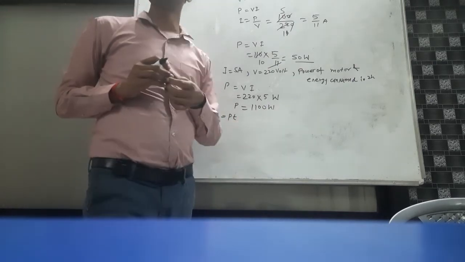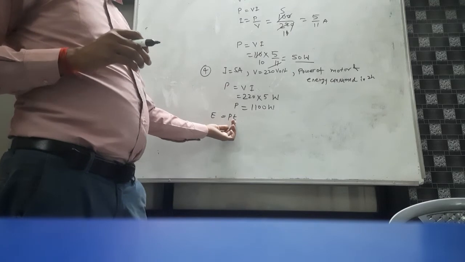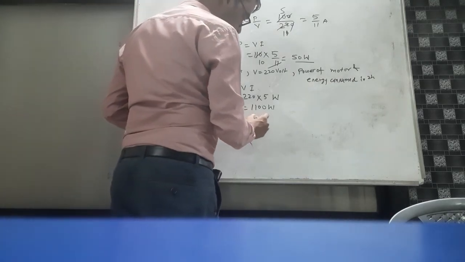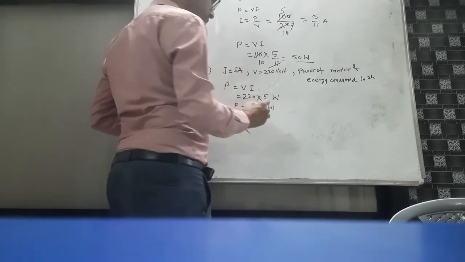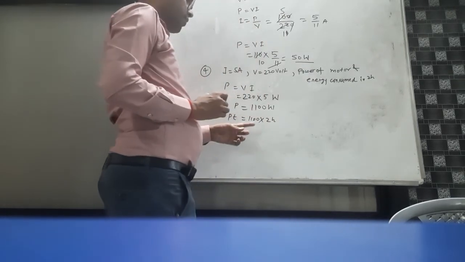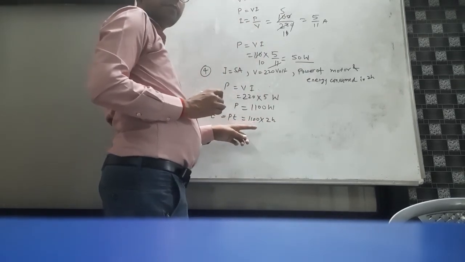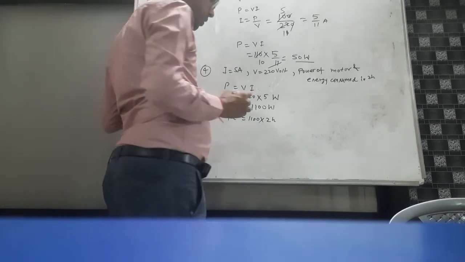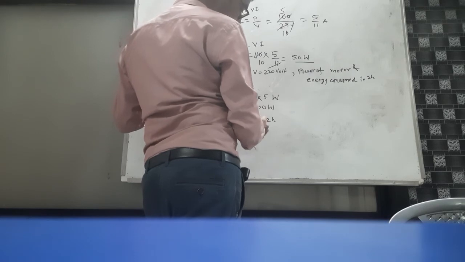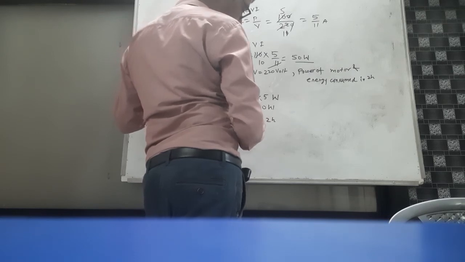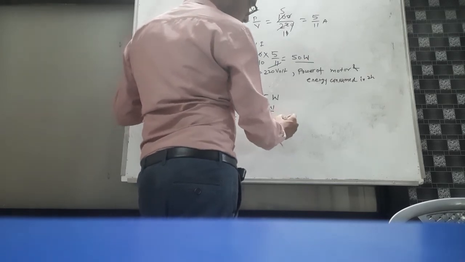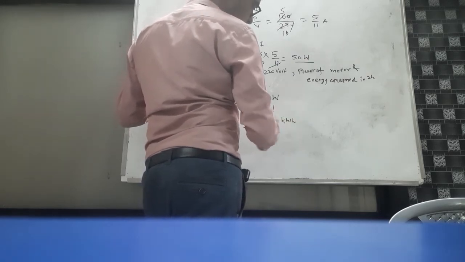can be calculated using P multiplied by time. Power is 1100 into time 2 hours. We have to calculate in kilowatt hour. Then to convert to kilowatt, divide by 1000. This one is watt, then dividing by 1000 gives kilowatt; the unit is kilowatt hour.